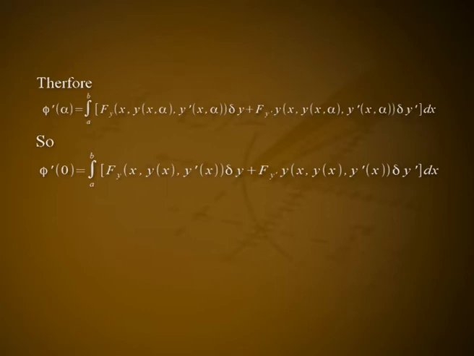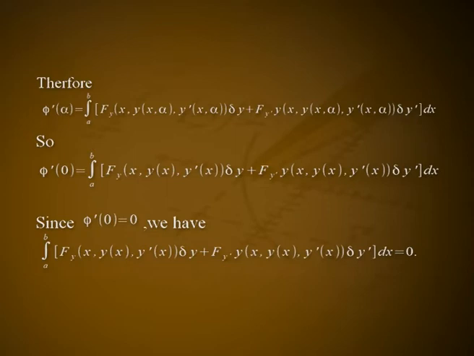Therefore, phi dash of alpha equal to integral a to b f_y of x, y of x alpha, y dash of x alpha delta y plus f_y dash of y of x alpha, y dash of x alpha delta y dash dx. So, phi dash of 0 equal to integral a to b f_y of x, y of x, y dash of x delta y plus f_y dash of y of x, y dash of x delta y dash dx.